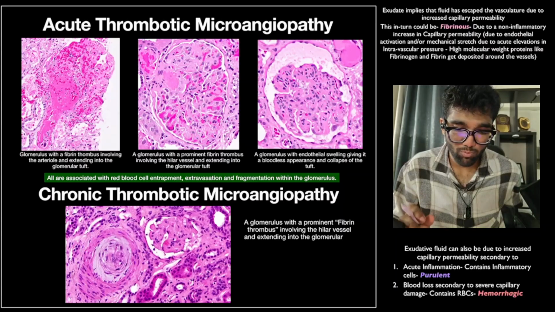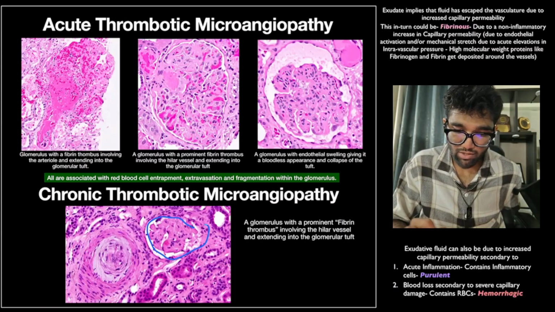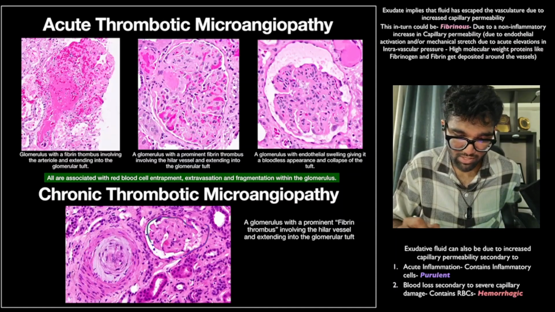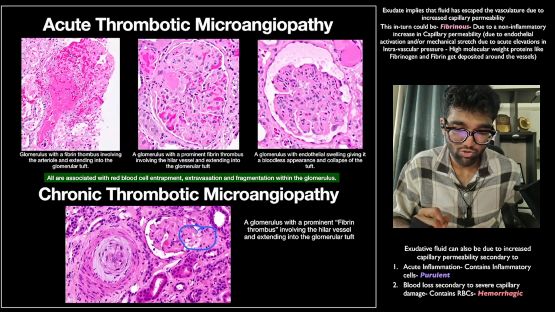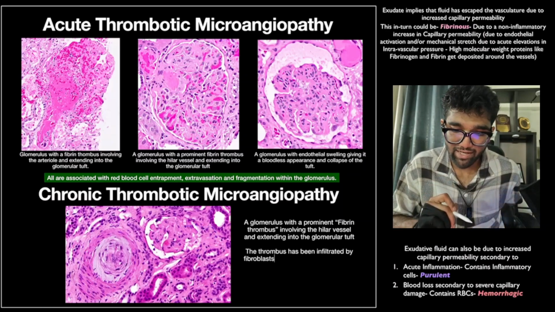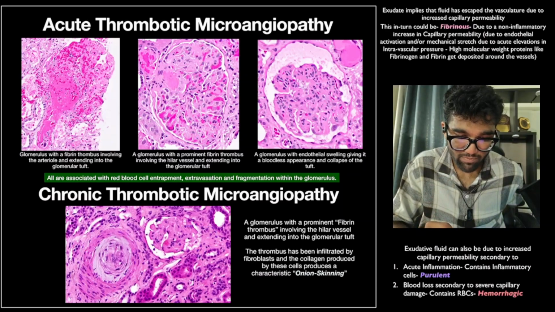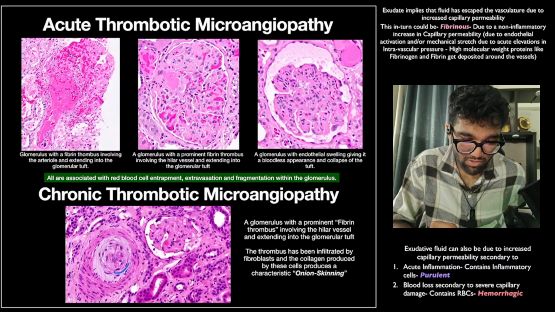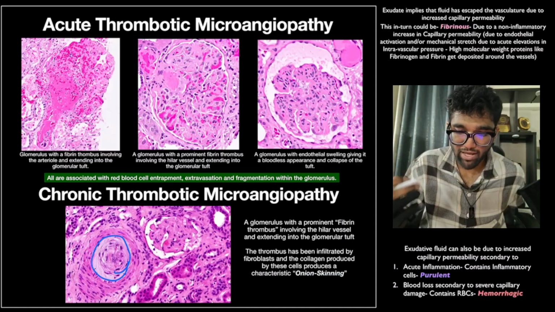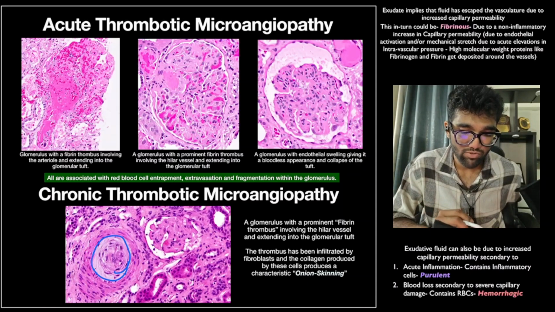So this is a glomerulus, with a prominent fibrin thrombus involving the hilar vessel. This is the hilar vessel, and there is a fibrin thrombus there. And you also see that there is a vessel right next to it. The thrombus within that vessel has been infiltrated by fibroblasts, and they are producing collagen.